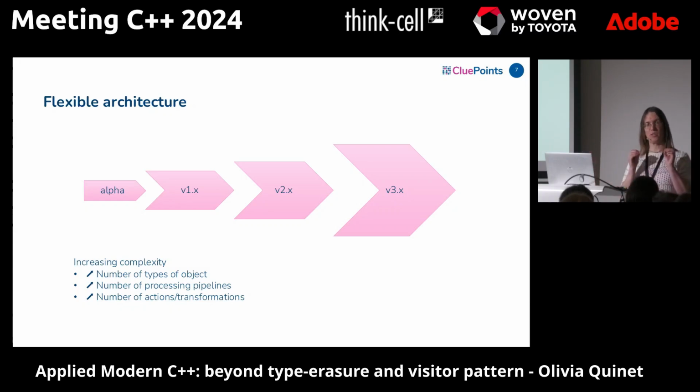But we have to realize one thing. For one version of the program, because we are dealing with C++ and everything must be compiled, even if we would like to have an architecture that can deal with an open set of types and an open set of operations, for one version, these two sets are finite, they are given. But we would like to keep the flexibility to add more if needed.